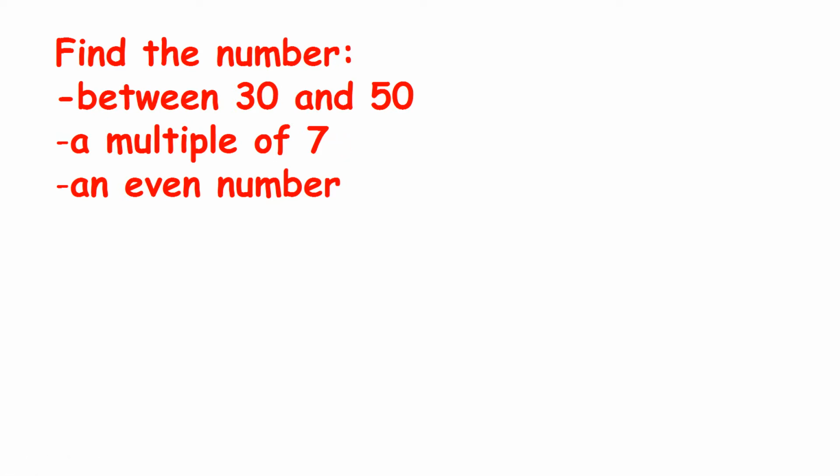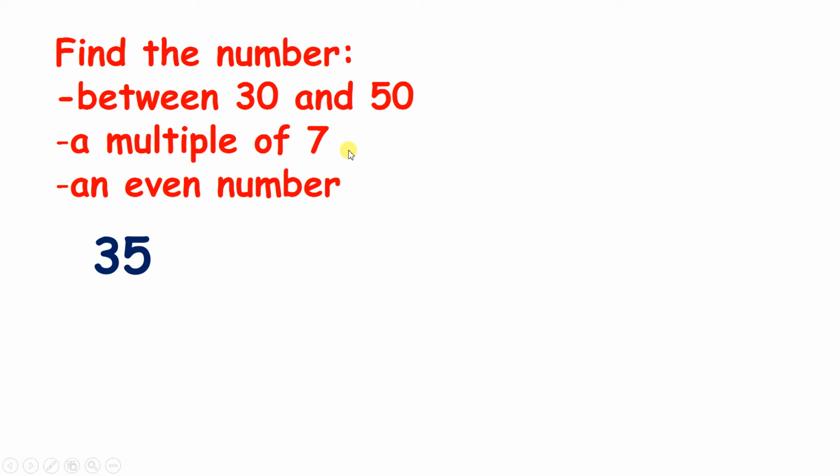So let's recall our 7 times table until we reach a number above 30. 1 times 7 is 7, 2 sevens are 14, 3 sevens are 21, 4 sevens are 28, and 5 sevens are 35. So 35 is between 30 and 50.